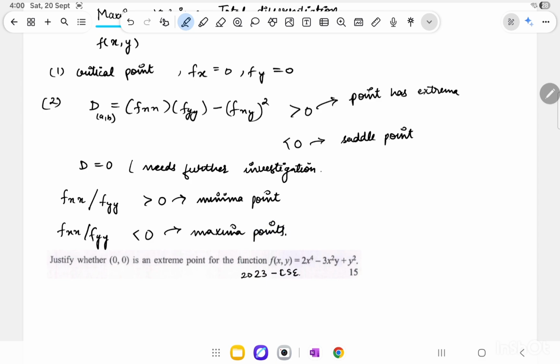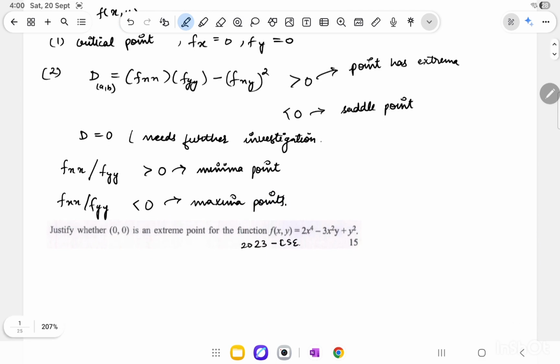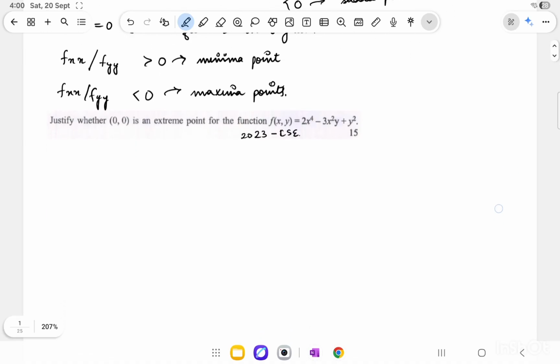Now let's move on to the questions and solve them. Question 1 says: justify whether (0, 0) is an extrema point for this function. The function f(x, y) is given as 2x^4 minus 3x^2 y plus y^2.